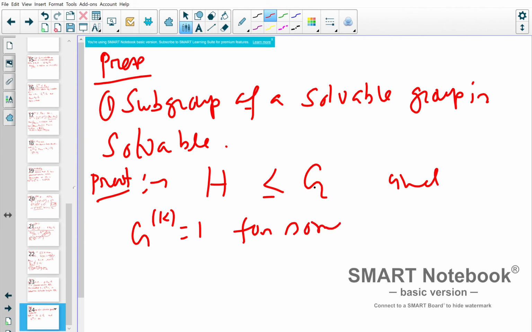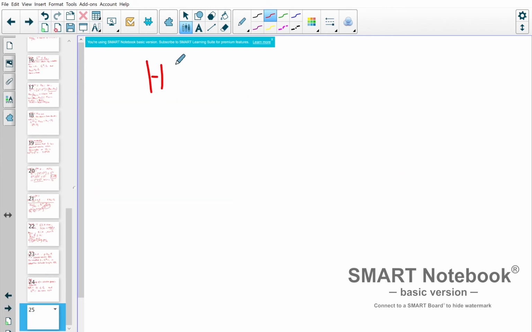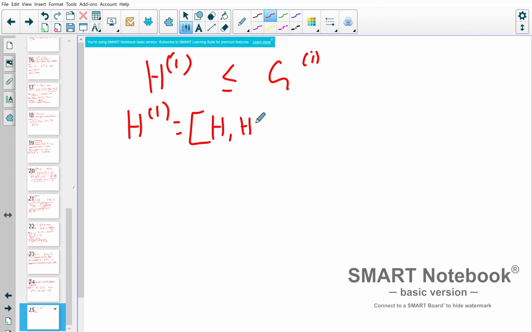So I know that G power K equals identity for some K, whatever. Now H is a subgroup of G, which means that for any i, H i will always be sitting inside G i, right? Clear? Because H is a subgroup of G, the derived subgroups of H are subgroups of the derived subgroups of G. H0 is H, H1 is the derived subgroup of H, and that will be a subgroup of G1, right?